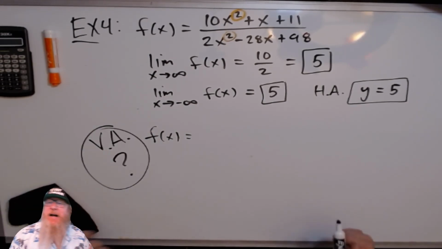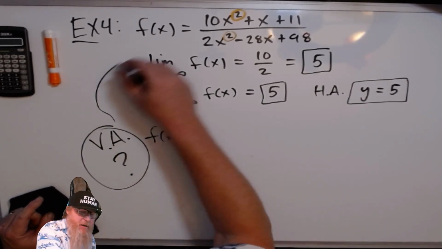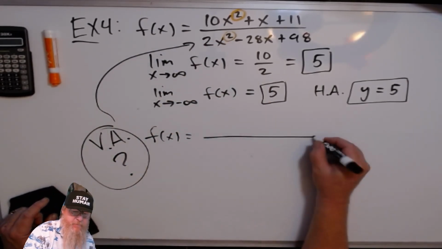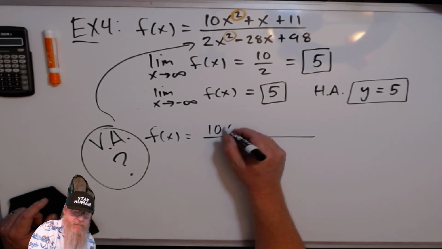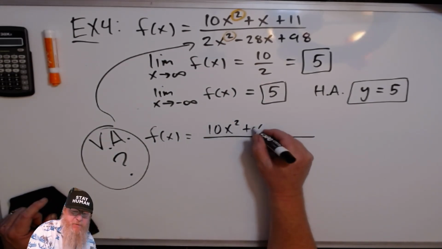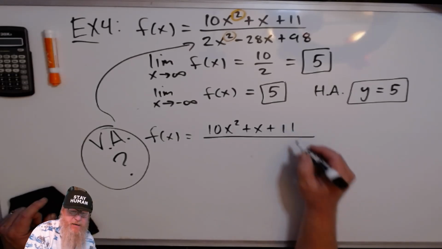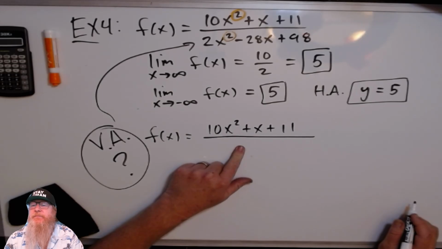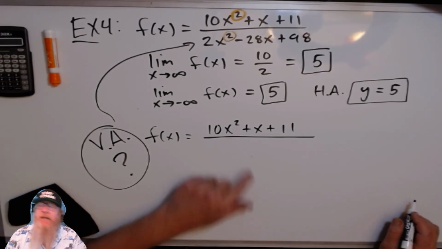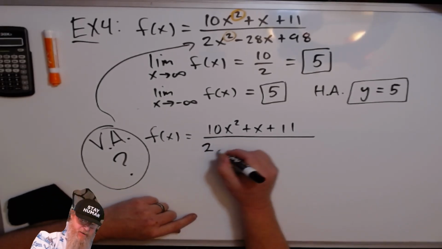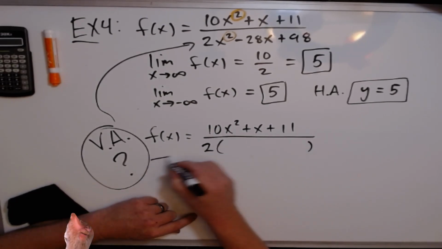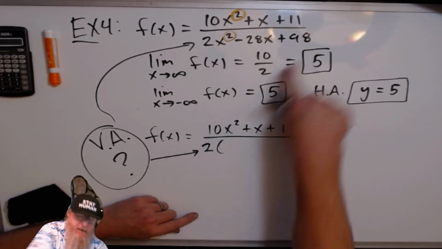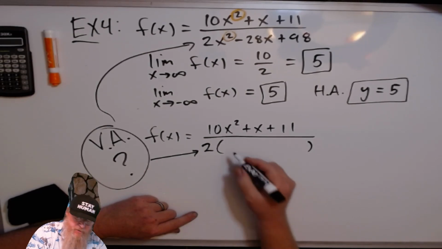All right, it's not quite as easy because we want to look at the bottom. Don't really worry about the top so much, not yet anyway. But look at the bottom, the denominator, and try to factor it. I notice that everybody is divisible by 2, so I could factor out a 2.